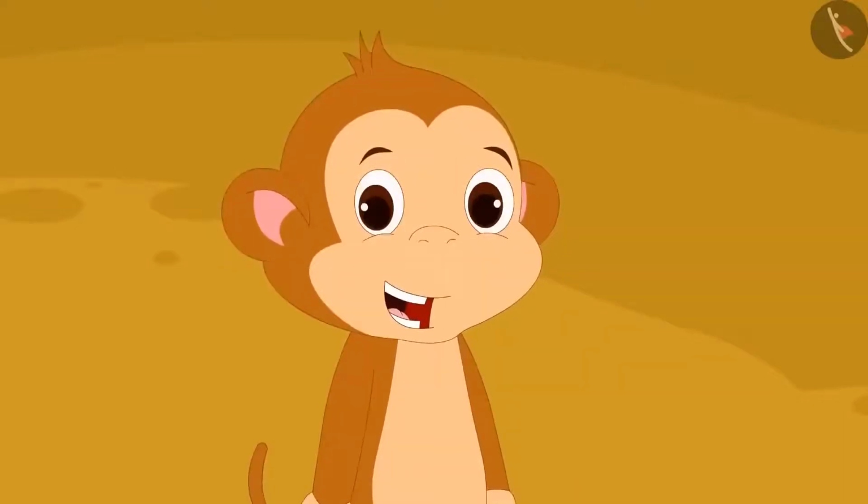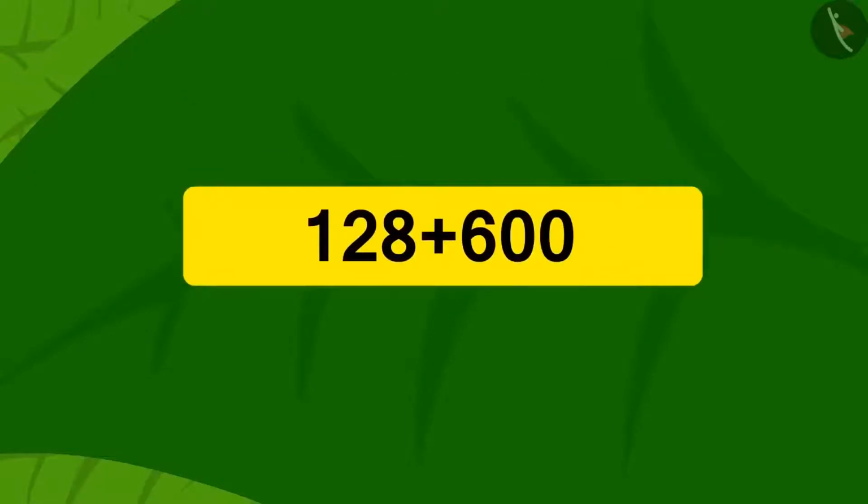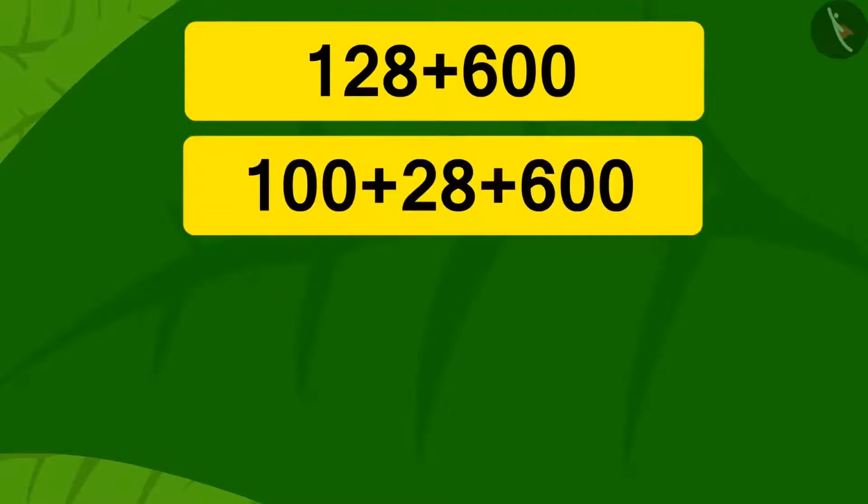Babban started solving the next riddle after seeing Uncle and Meenu doing this. This was the next puzzle. Children, can you find an easy way to solve this puzzle quickly? Come, let's do it together. We can write 128 as the addition of two numbers, 28 and 100.